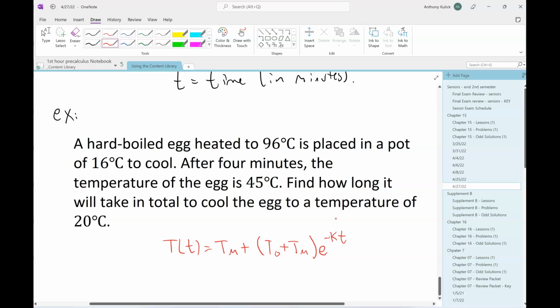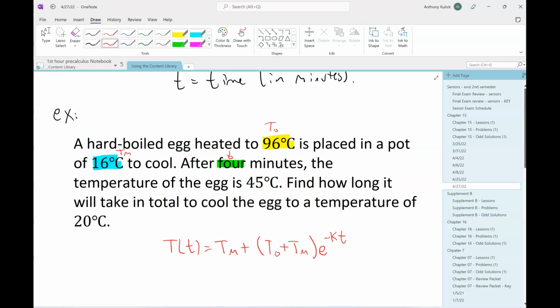So pretty clear from reading this question, we should be using Newton's law of cooling, because we're talking about cooling an object down, right? So when I read this question, I have the initial temperature, the temperature of the medium, we have a value for little t.